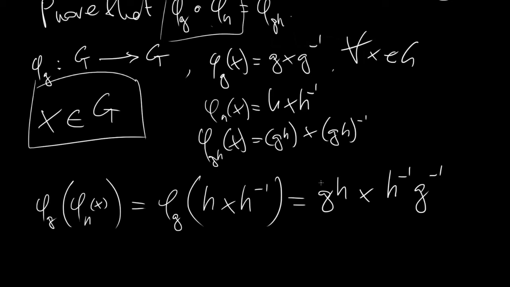Now we have to prove that what we just did, which is φ(g) composed with φ(h), is actually equal to this one. Is this equal to (gh)x(gh)⁻¹? Let me put a question mark.